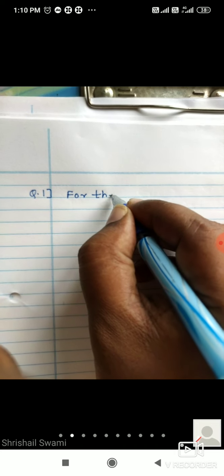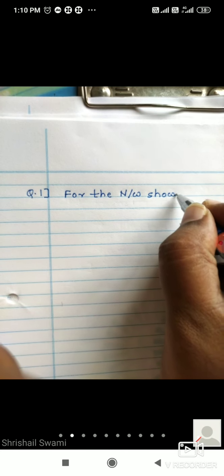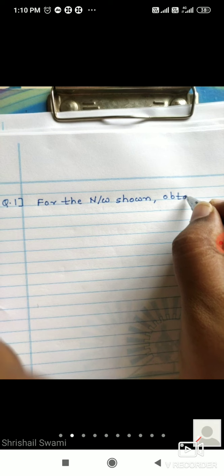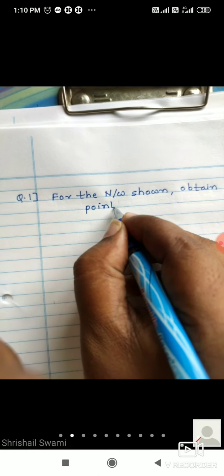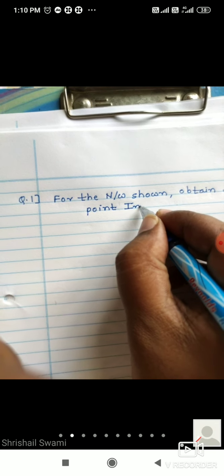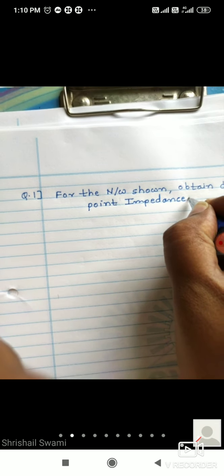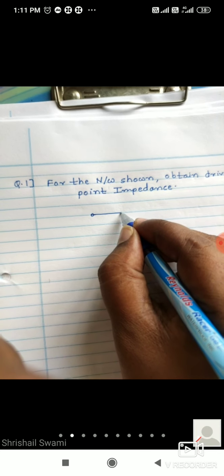For the network shown, obtain driving point impedance. So the network is given like this.